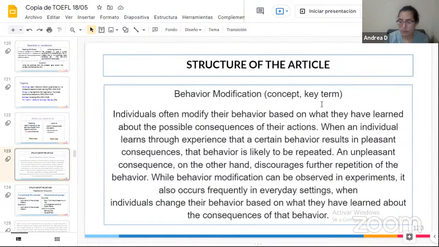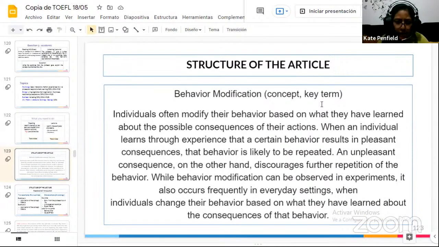Okay, teacher. Behavior modification. Individuals often modify their behavior based on what they have learned about the possible consequences of their actions. When an individual learns through experience that a certain behavior results in pleasant consequences, that behavior is likely to be repeated.